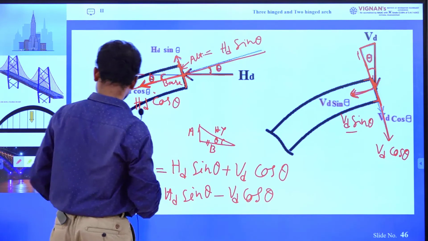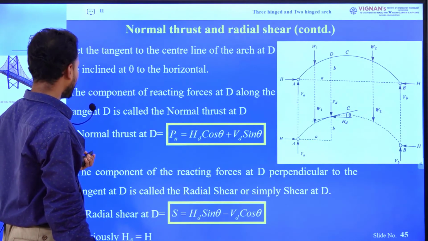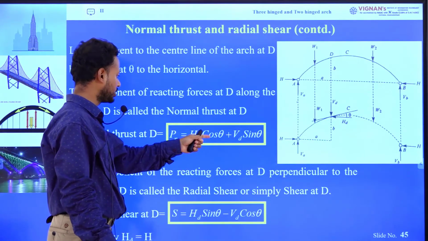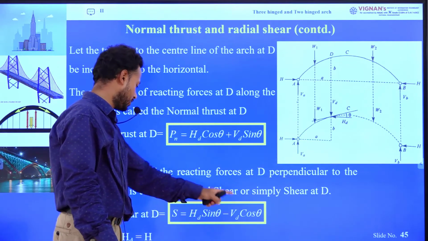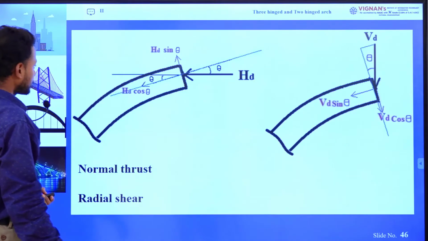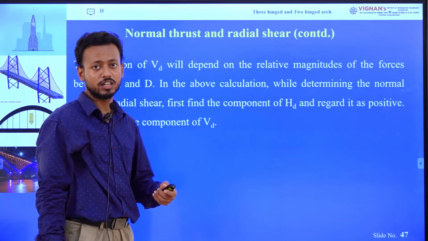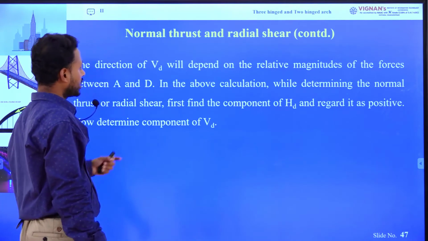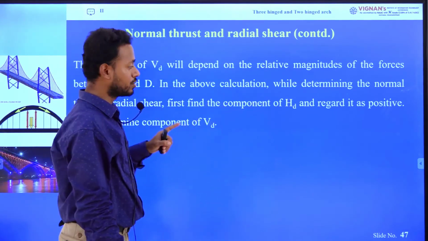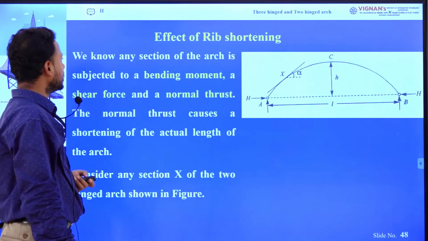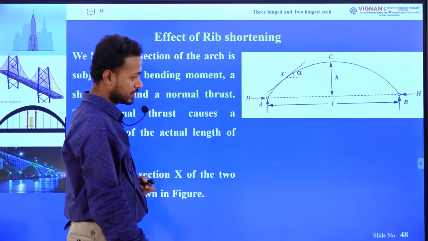Okay, so here we have found normal thrust equals HD cos theta plus VD sin theta, and radial shear equals HD sin theta minus VD cos theta. Okay, so during the calculation of normal thrust and radial shear, first you find out the components of HD, and then you find out the components of VD. Okay, so let's start the rib shortening.